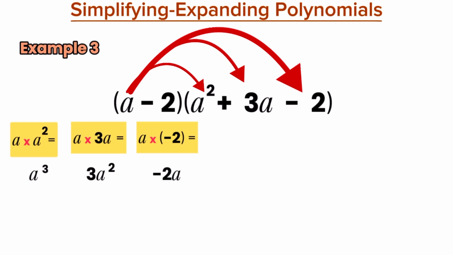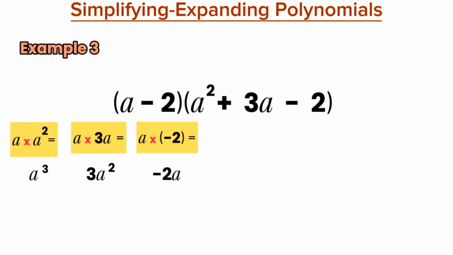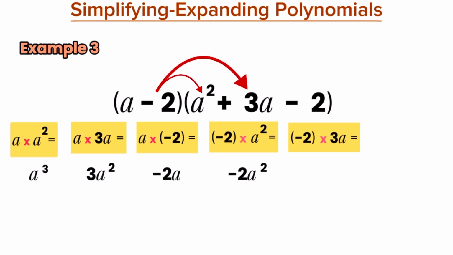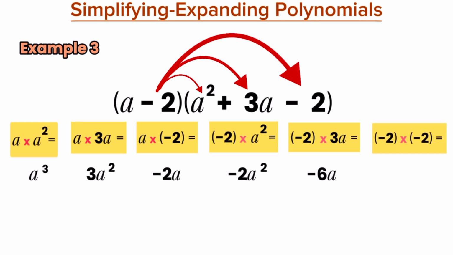We've shared the a variable, now on to minus 2. That's minus 2 times a squared to give minus 2a squared. Next, it's minus 2 times 3a to give minus 6a. And lastly, it's minus 2 times minus 2 to give 4.